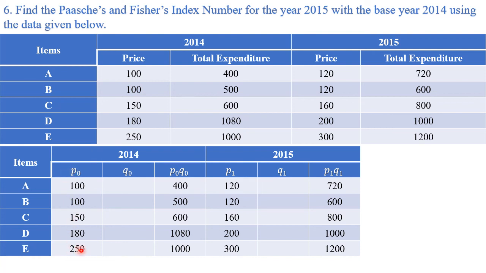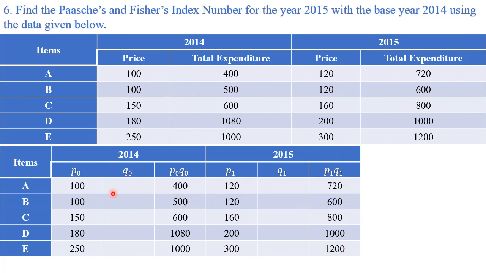Price of the base year is P0, Q0 which we don't have, and then total expenditure of the base year is multiplication of P0 and Q0. So when I divide P0 Q0 by P0, the remaining value is Q0. Similarly, for the current year, I have P1, Q1 is something which I don't have, and total expenditure is P1 into Q1. This is how it is done.